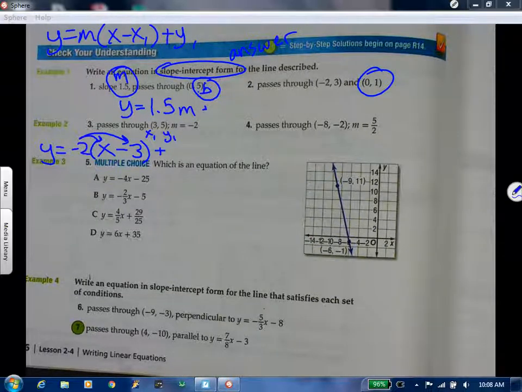Well, they don't know the slope. So you have to take those 2 points and use the slope formula.